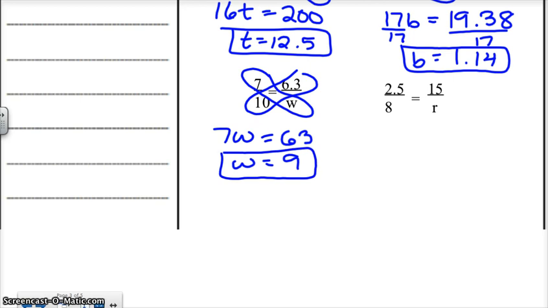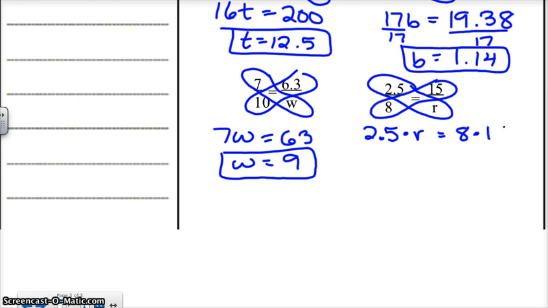I'm going to really be tedious with this last example. I should have done it first, just so you know where these numbers are coming from if you're looking at your notes and you want that refresher. So again, what I'm doing is setting their cross product equal to each other. So I'm going 2.5 times R, that's where this is coming from, I'm multiplying them, is equal, and now I do the other diagonal. 8 times 15, that's the cross product.